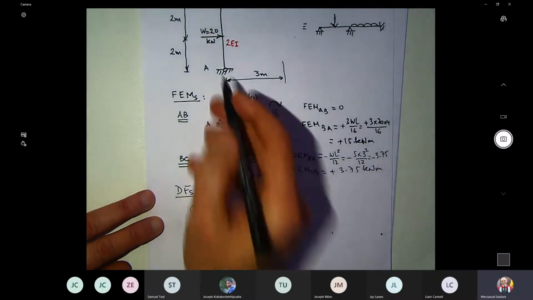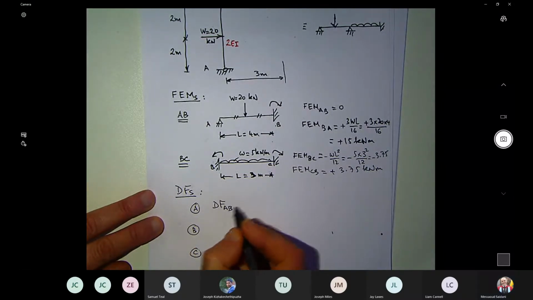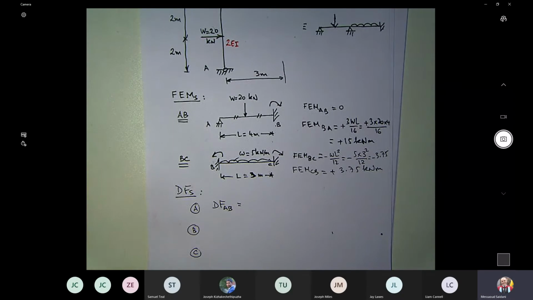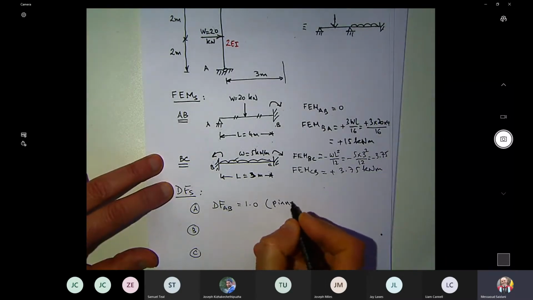Joint A, we have 1 member connected to joint A, so we have DF AB. Do you remember what the distribution factor is? Yes. Okay? If it's fixed, it's 0. If it's simply supported or a roller, it's 1. We showed it last time, okay? Because it's the member divided by itself. So you get 1, okay? So we have 1 here. Pinned support.